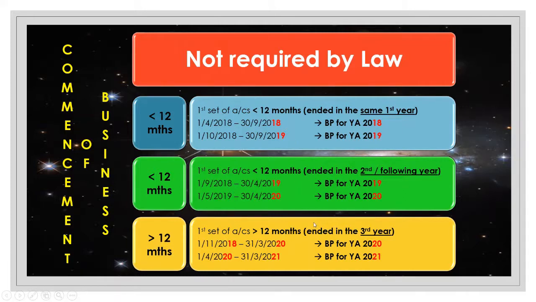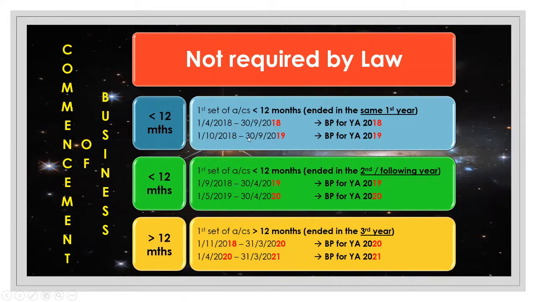In the third scenario, you would have your first set of account ended in the third year, where you commence your business in 2018 and you close your first set of account in 2020, which is first year 2018, 2019, and 2020.